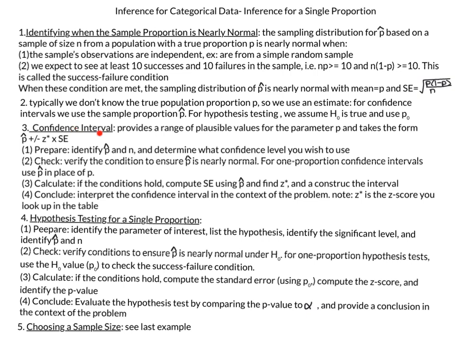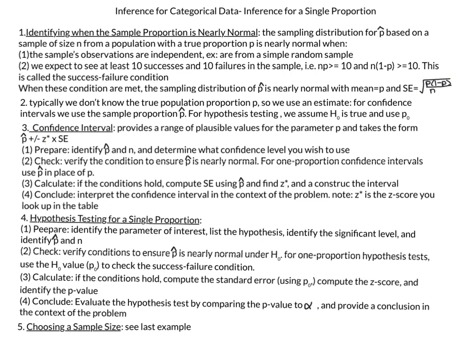A confidence interval provides a range of plausible values for the parameter p and takes the form of p hat, your sample proportion, plus or minus a z-score times your standard error calculated here. The z-score is the one associated with the confidence you want.